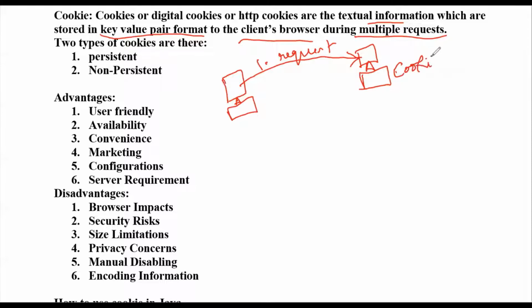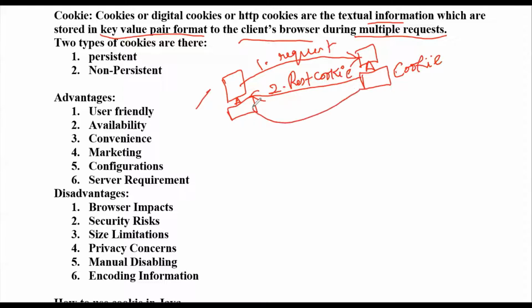It will create a cookie, and along with the response sent to the client, the server will send the cookie. The client will store this cookie in the browser cache.